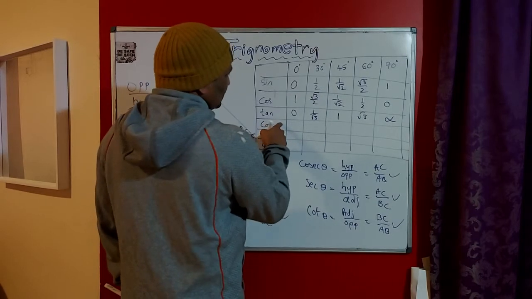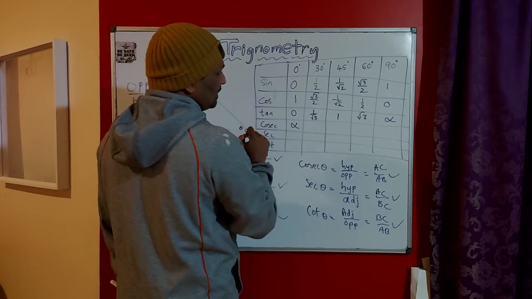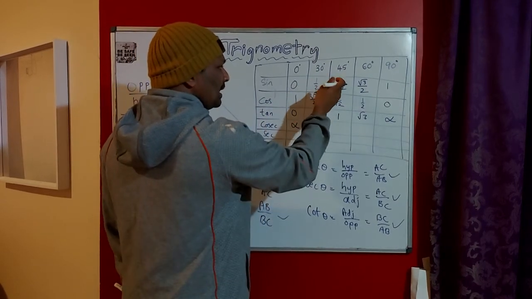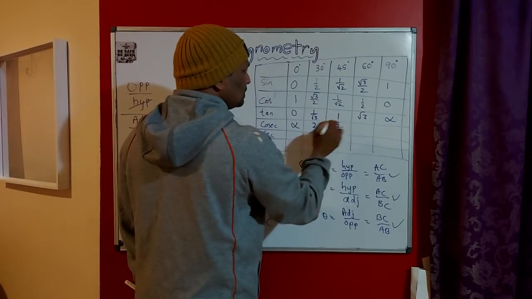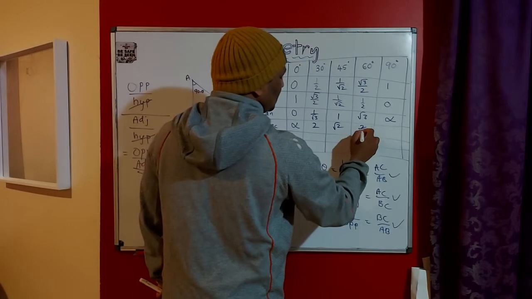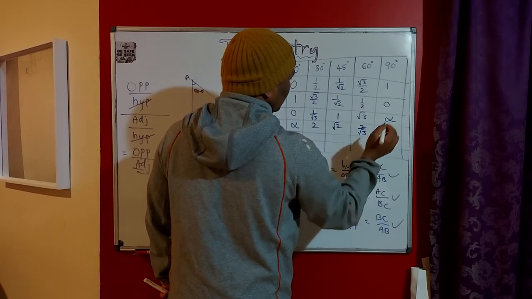Similarly, cosecant. Cosecant is the reciprocal of sine. That means 1 by 0, that will be infinite. 1 by 1 by 2, that is 2. 1 by root 2, that is root 2. And here it's going to be 2 by root 3. And 1 by 1 is 1.